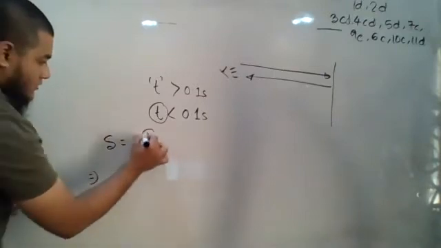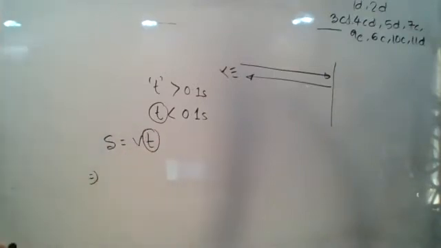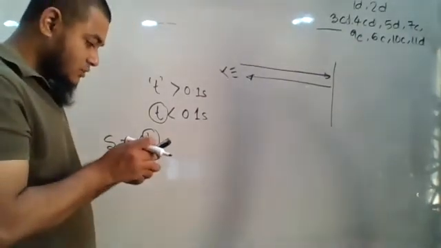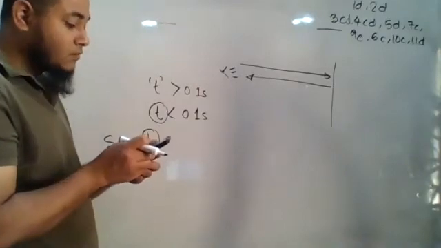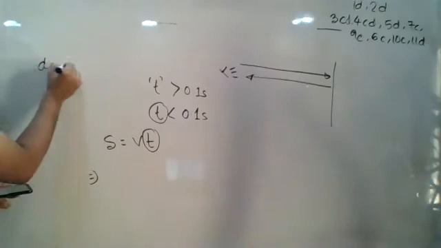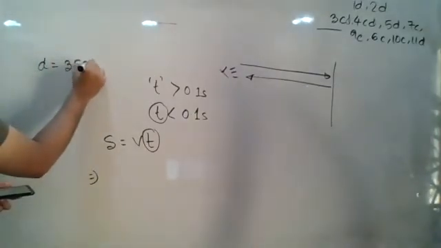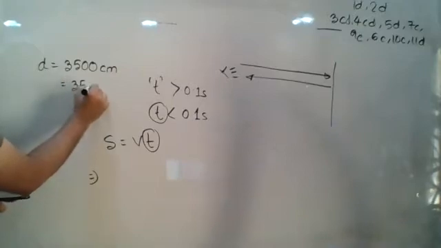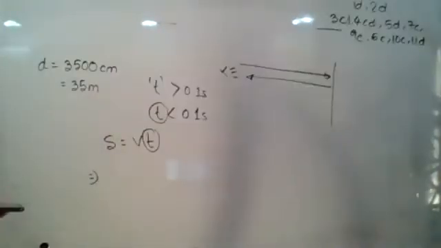So here we are trying to calculate the time t. So we need to know what is s and what is v. The depth of the well is 3500 centimeter, which if you convert to meter by dividing by 100, it will be 35 meter.